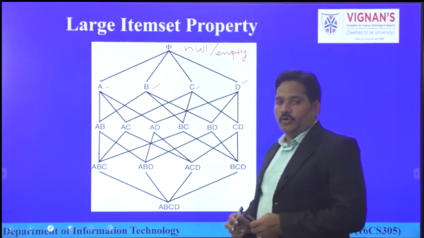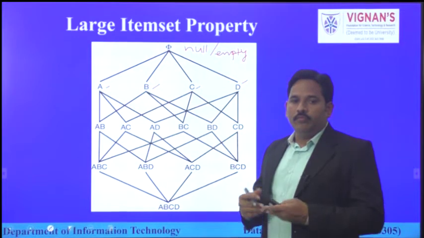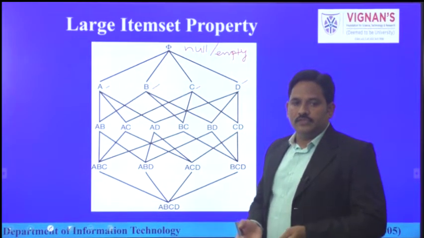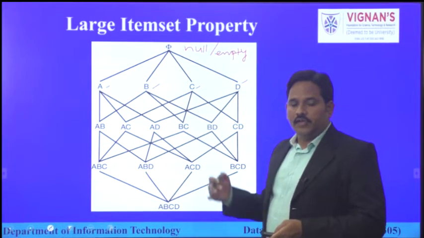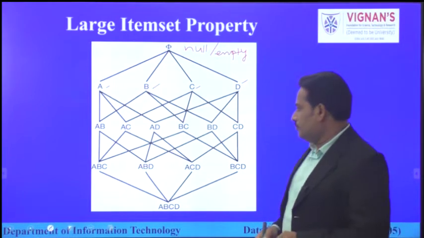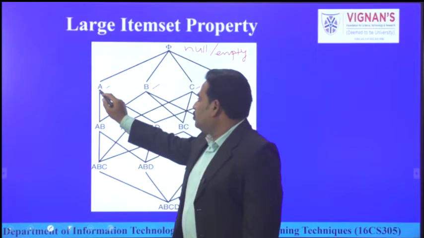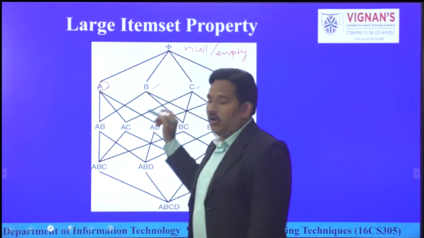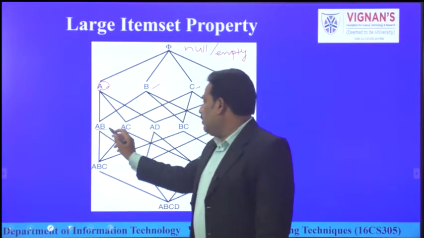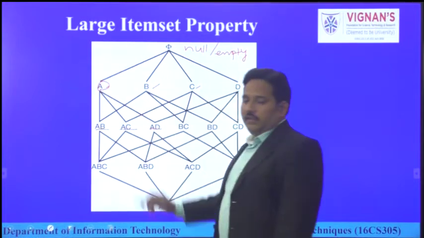Using these 4 products, we want to form combinations of 2 items and 3 items, and we can go up to n items. When we take the combination of A with all the remaining items, we get AB, AC and AD.